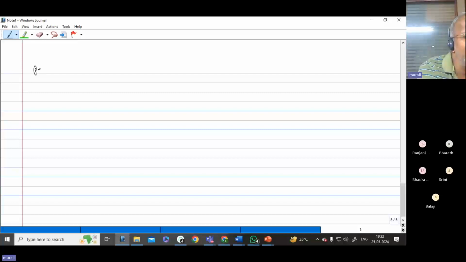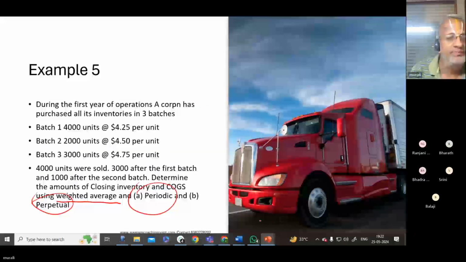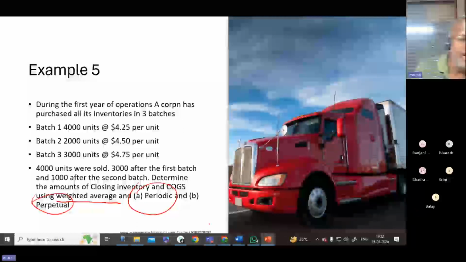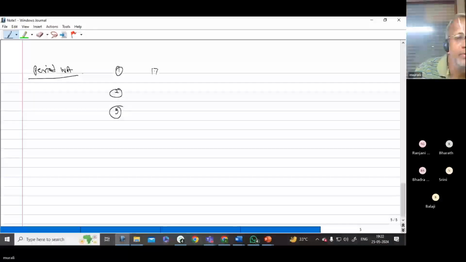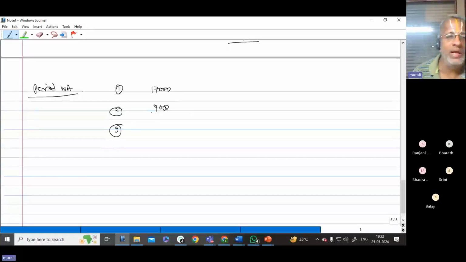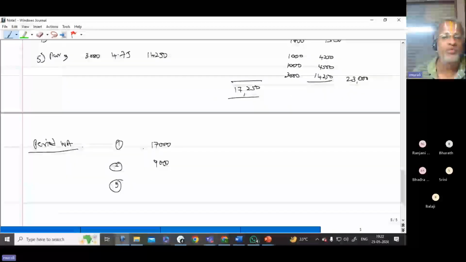Now let us take up periodic weighted average. So I take batch 1, batch 2 and batch 3. Their values I capture: 17,000, 9,000 and the last one is 14,250.